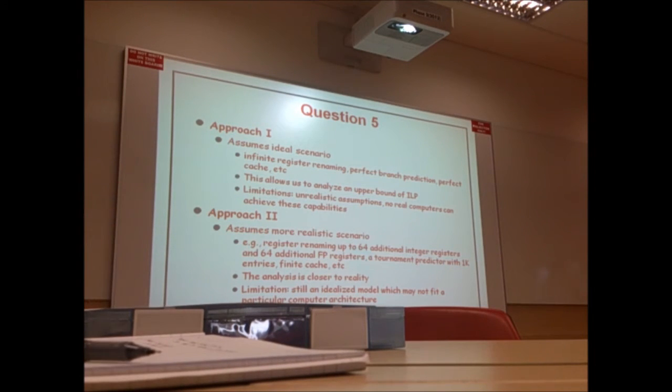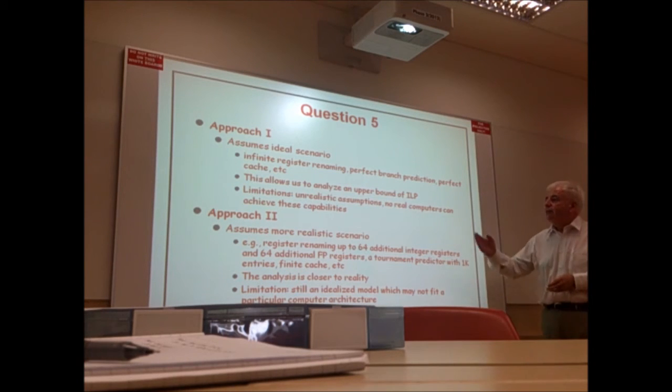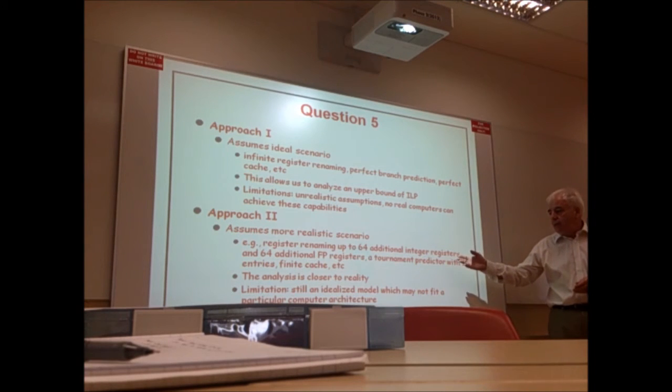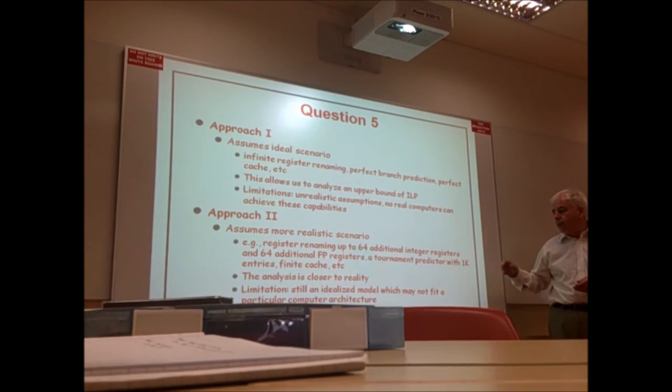A second approach might be to assume a more realistic scenario. So rather than having infinite register renaming, you might put some limit on the amount of renaming you can do. Instead of assuming perfect branch prediction, you might have an actual predictor. I think in the lectures you've looked at different prediction mechanisms.